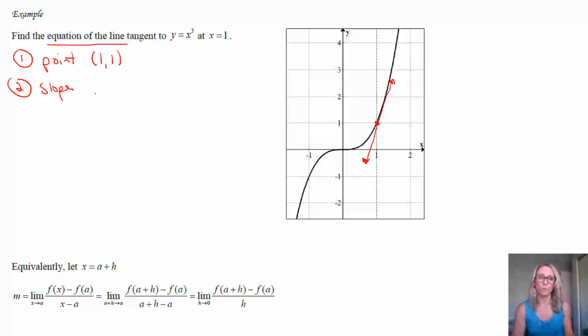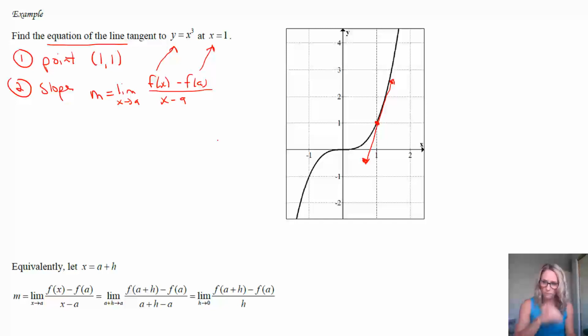Well, what we just learned was that the slope is the limit as x goes to a of f of x minus f of a over x minus a. So in this case, f of x is our function, and f of a and a are the relationship to that point. They are that point.